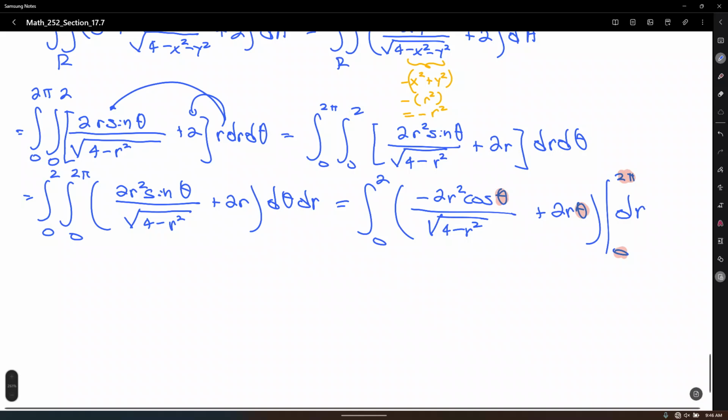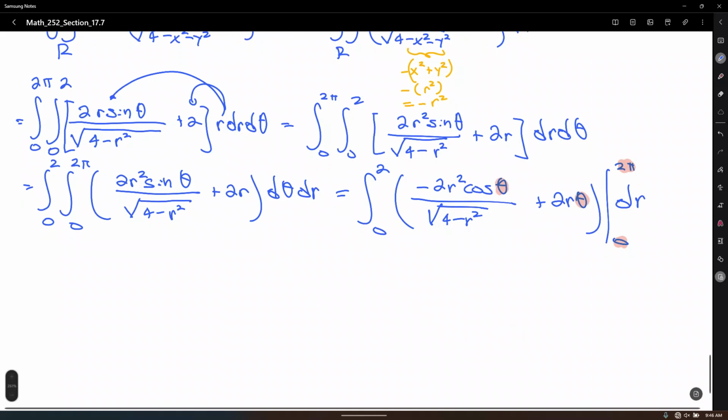Okay. So that'll be the integral from 0 to 2 of negative 2r squared over the square root of 4 minus r squared times, okay, what's that? Cosine of 2 pi minus cosine of 0. Come on, they're the same value, right?